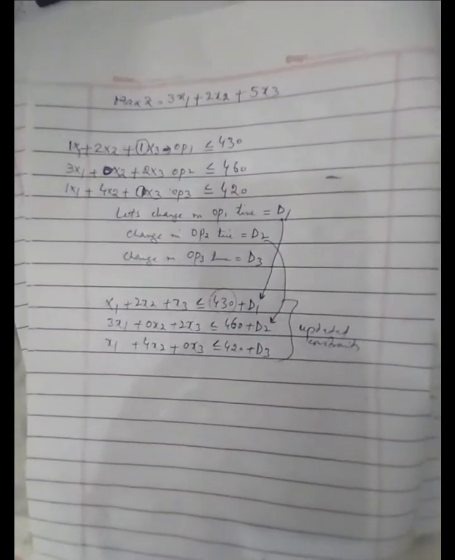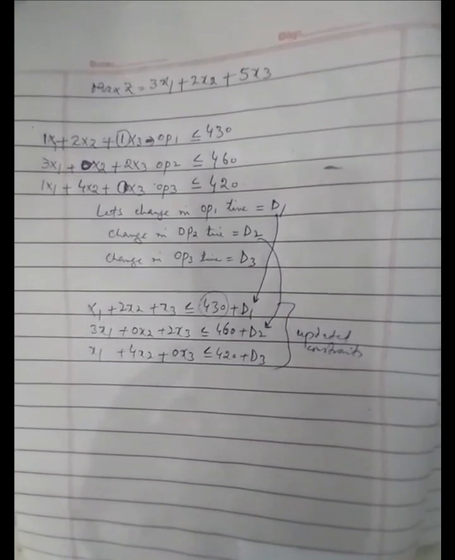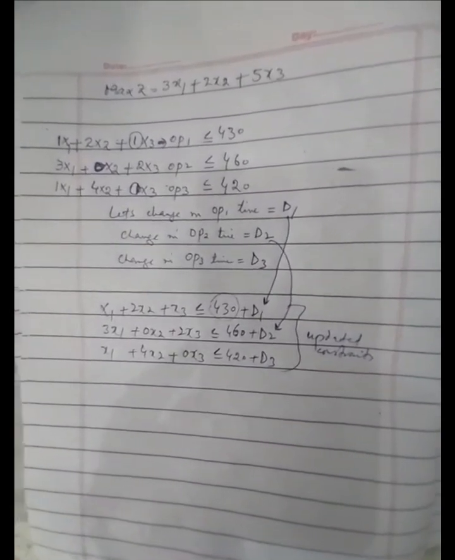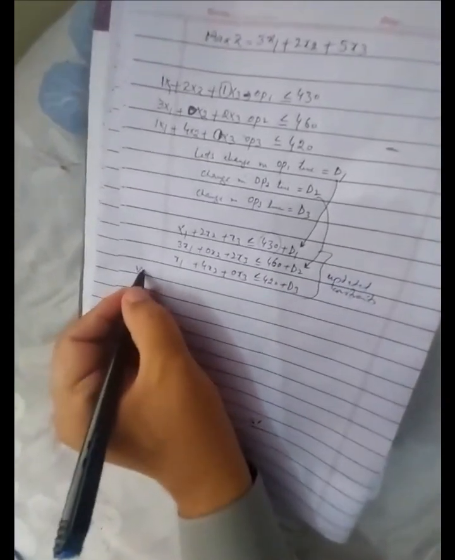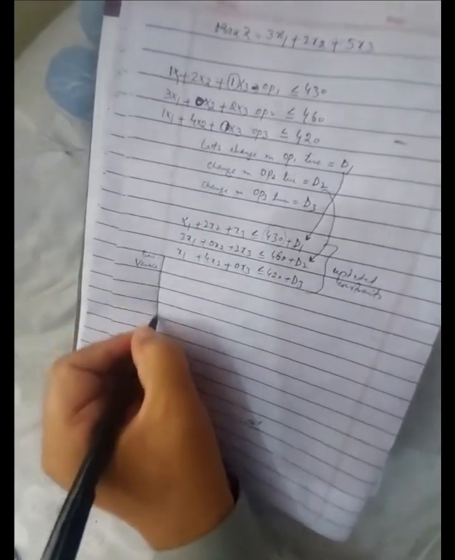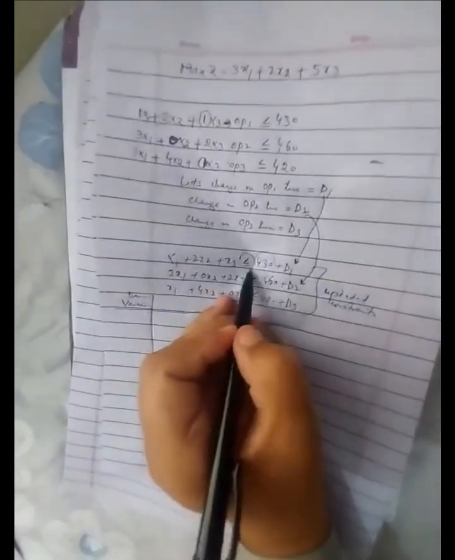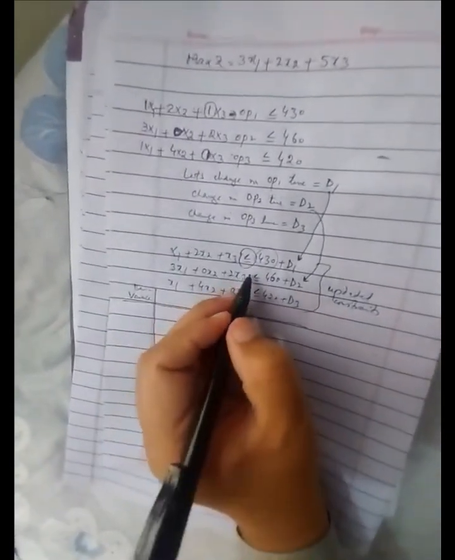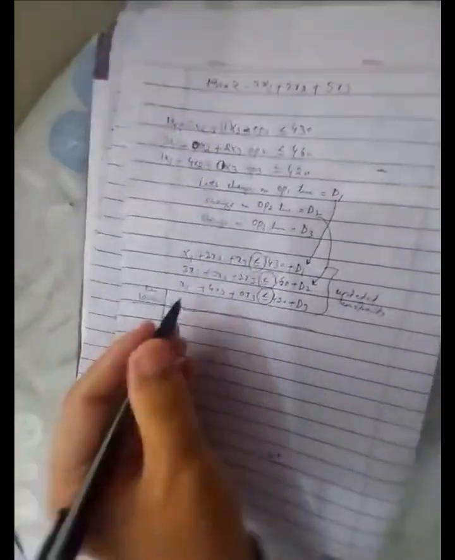Now this is a kind of 3 variable problem, and the table that we make using simplex will be as follows. I must make the table for it. We see that this is less than or equal to, this is also less than or equal to, and this is also less than or equal to.